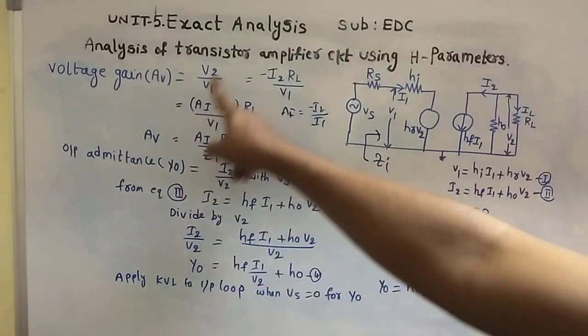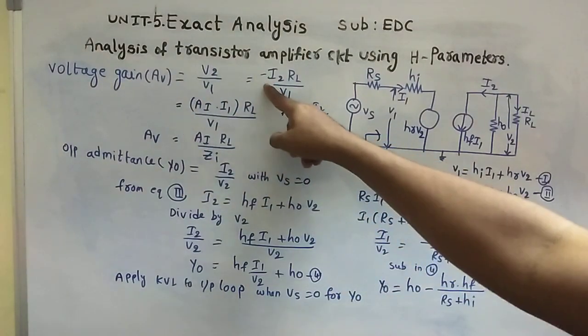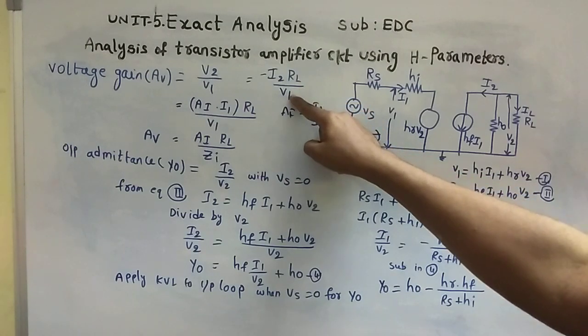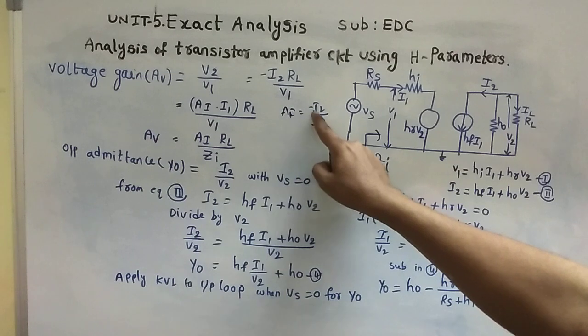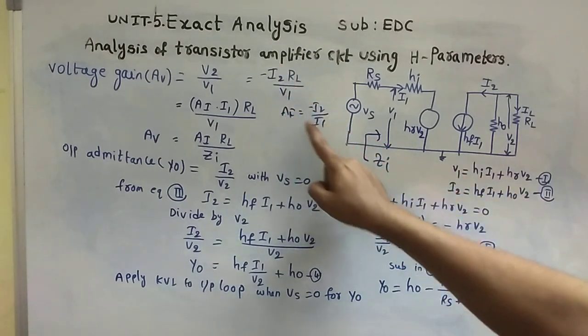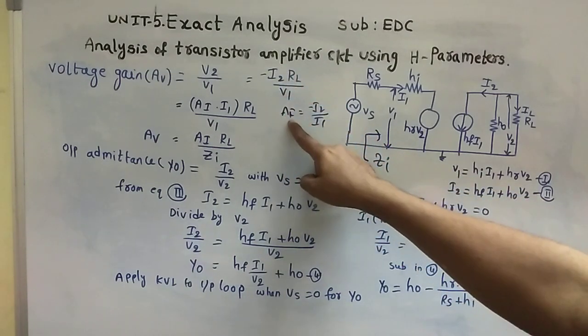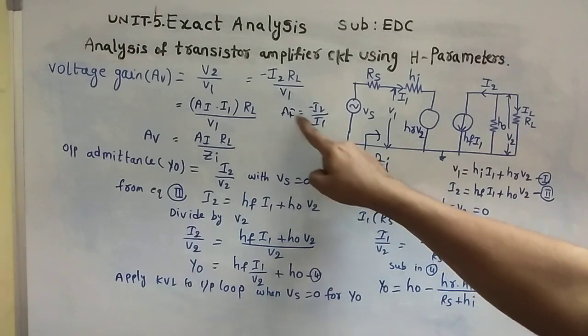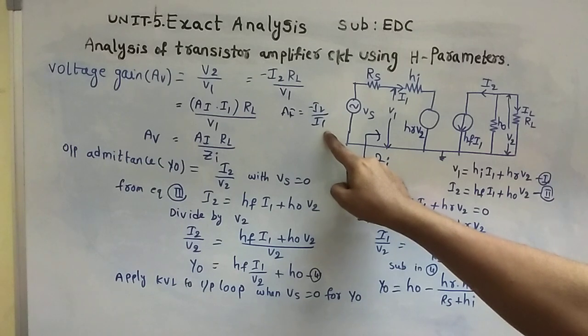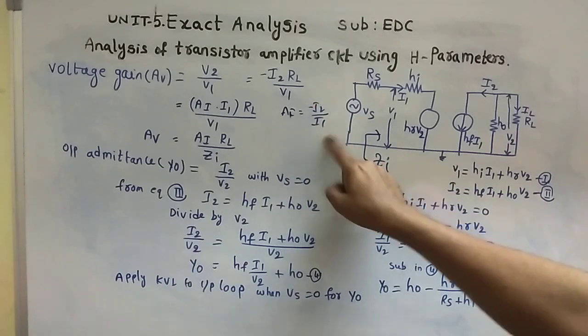Here voltage gain is equal to V2 by V1. V2 is equal to minus I2 into RL by V1. I am substituting in place of minus I2 as AI into I1. AI is equal to minus I2 by I1, the current gain equation we already derived. So minus I2 is equal to AI into I1.